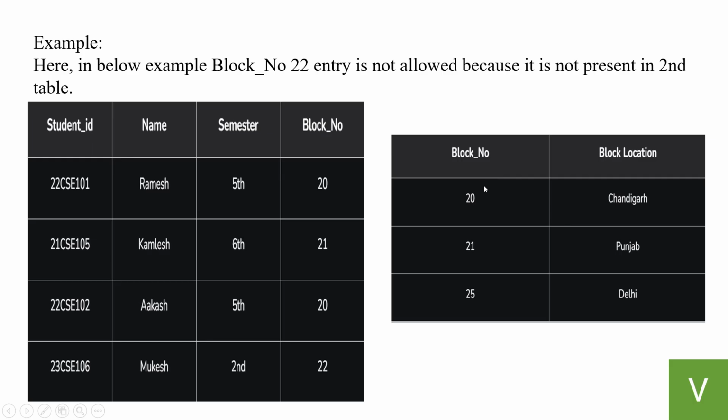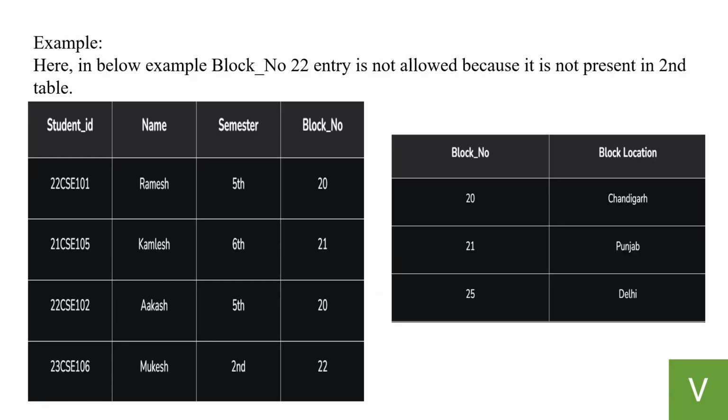Here block number is a primary key because the block number represents the block location. If 20 is the block number, then the location is Chandigarh. Similarly, if 21 is the block number, then the location is Punjab. In the same way, if 25 is the block number, then Delhi is the block location.